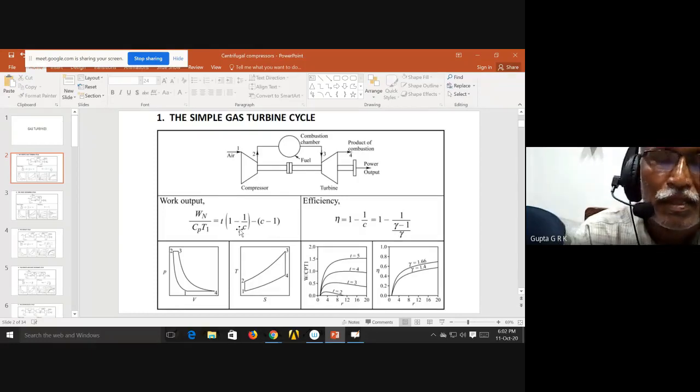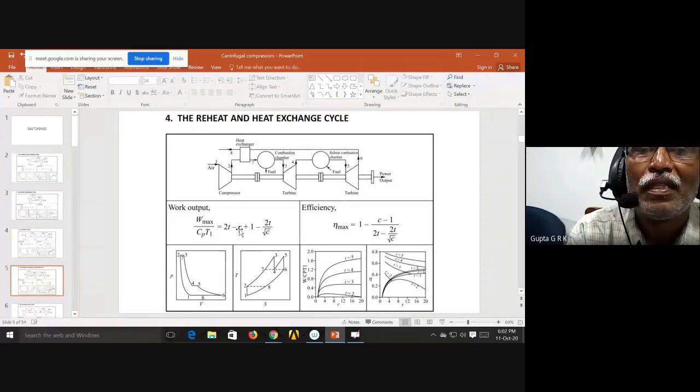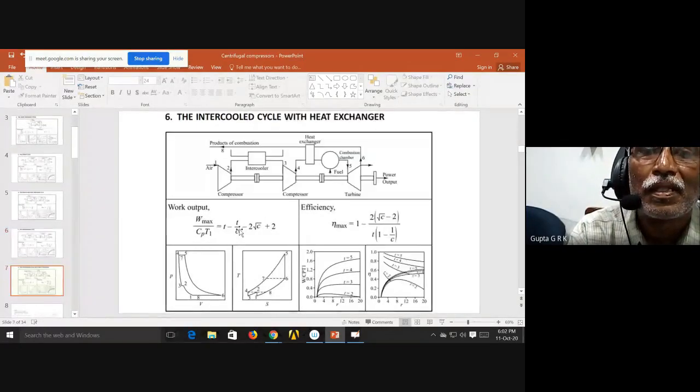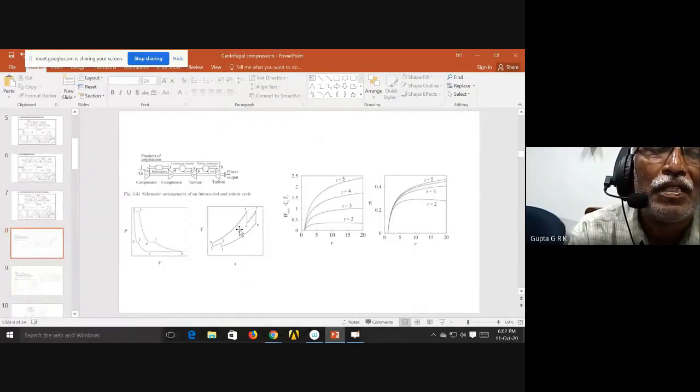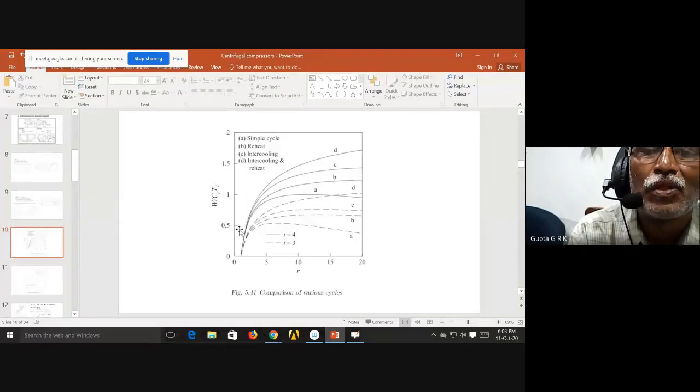Like that, you have heat exchange cycle, reheat cycle, reheat and heat exchange cycle, intercooled cycle. All these are very easy to understand. And now with intercooling and reheating, and intercooling, reheating, and heat exchange, all of them together.